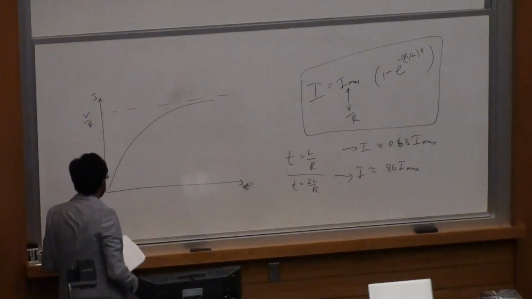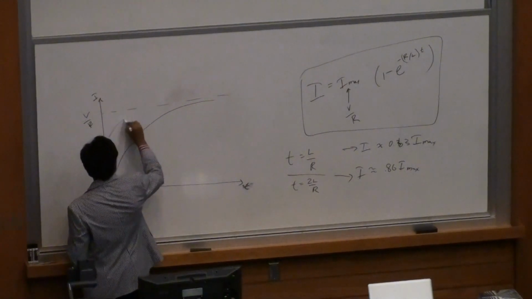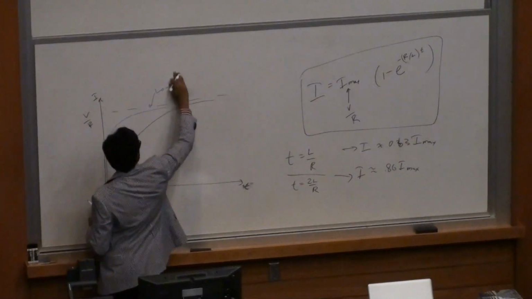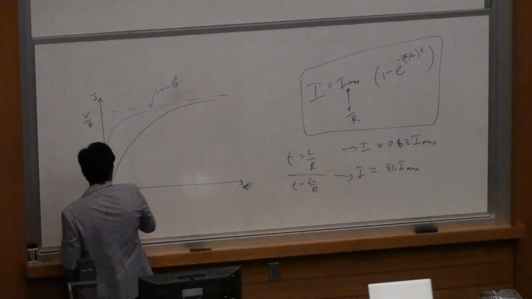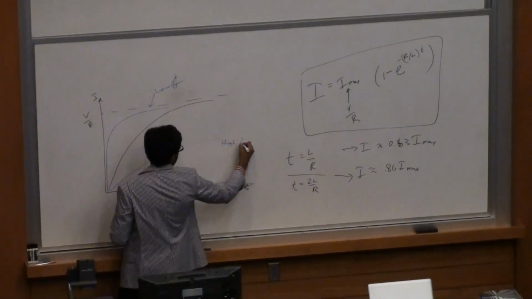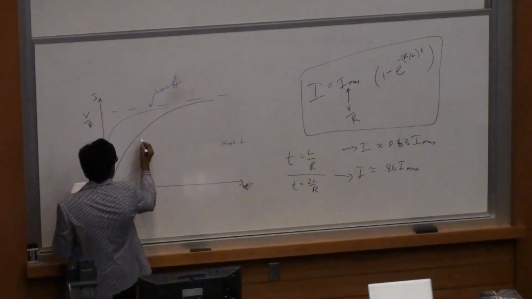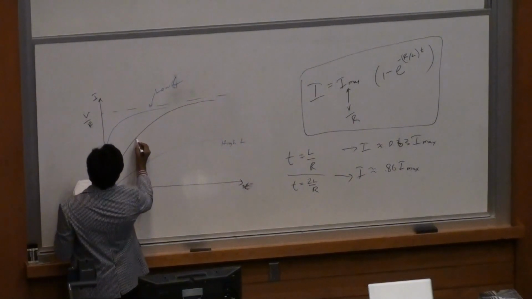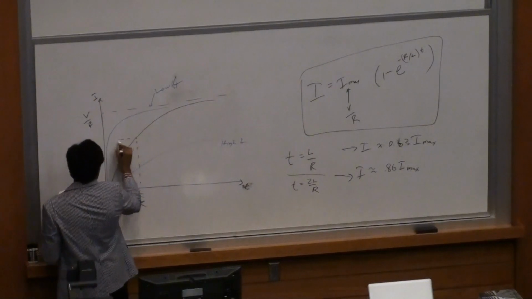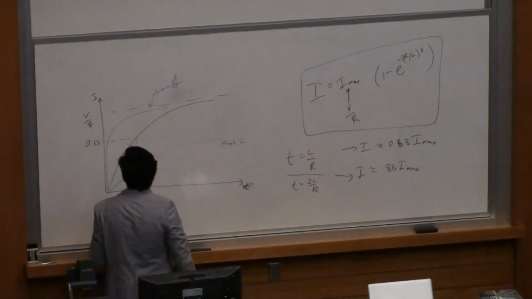If my inductance is low, it goes up there. And if it was really high, something like that. What I'm looking at with time L over R is when it looks like 60%. So this is my L over R, and this is approximately 63% of I max.